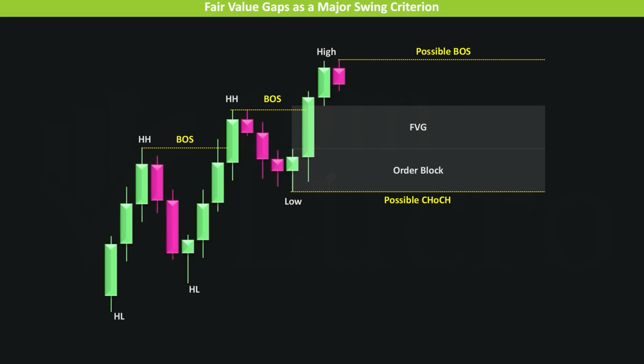Demand zones that include fair value gaps are treated as major swings, while those without imbalances are considered minor. When price breaks below a major swing that created an imbalance, it signals a meaningful shift in momentum and points to a potential reversal. The same concept applies to bearish scenarios.